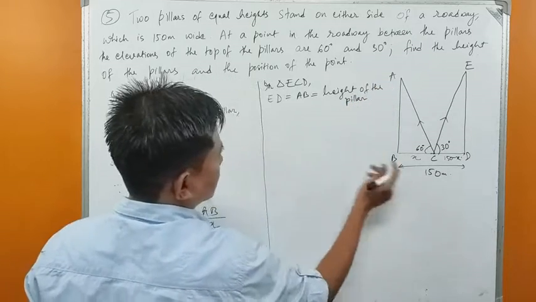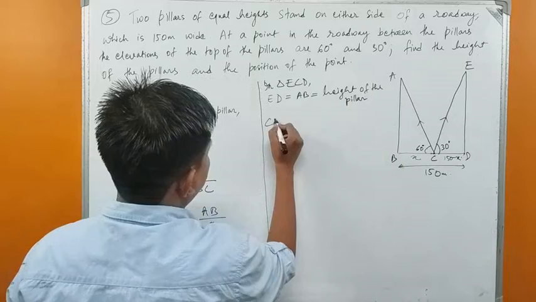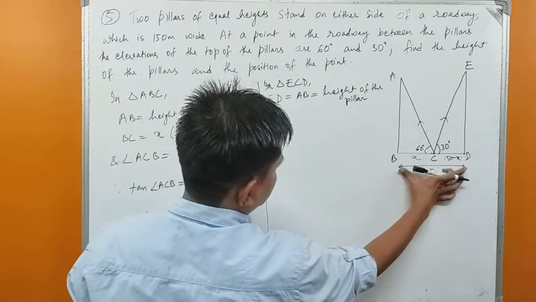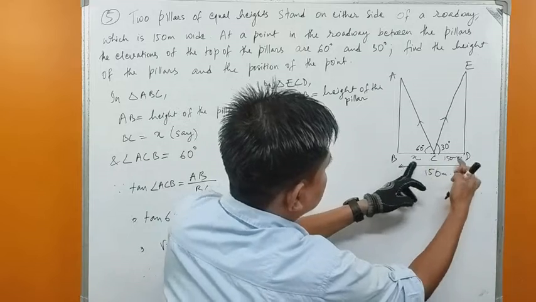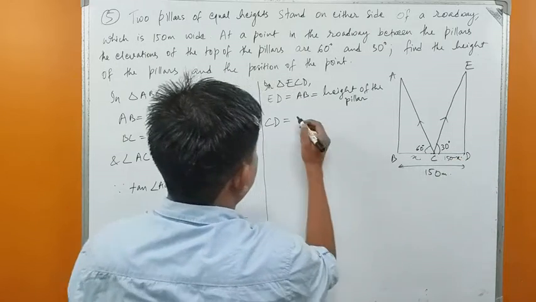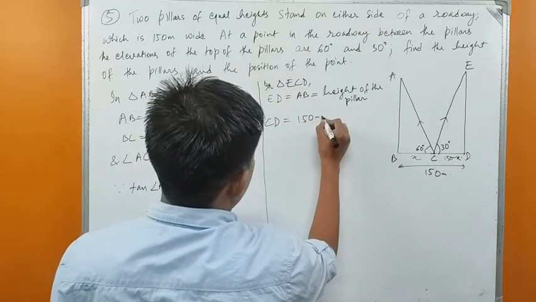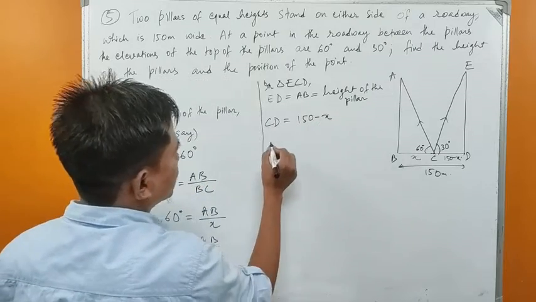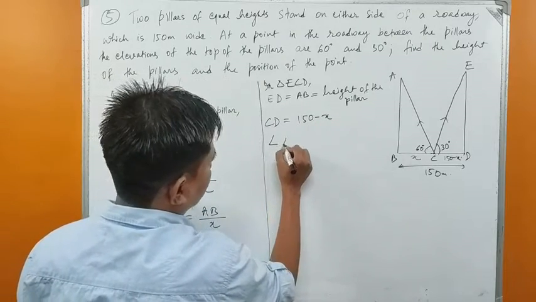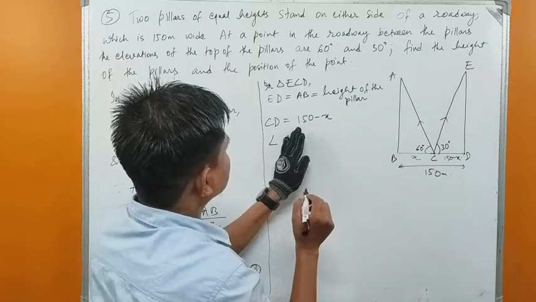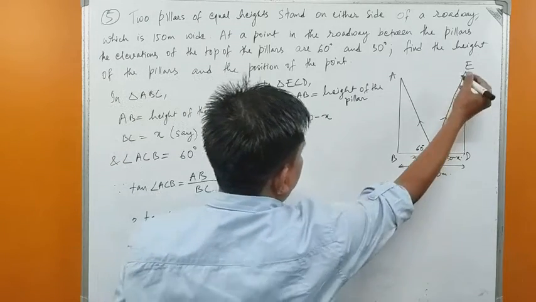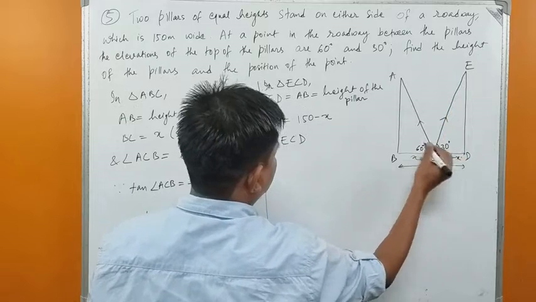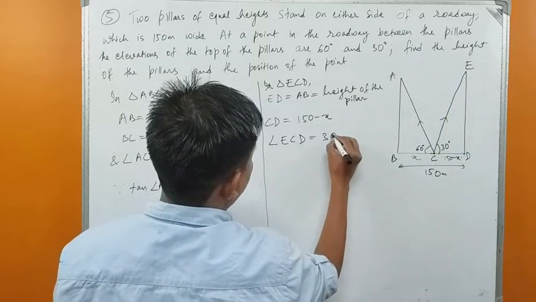And CD: BD is 150, BC is x, so CD is 150 minus x. And angle ECD equals 30 degrees.